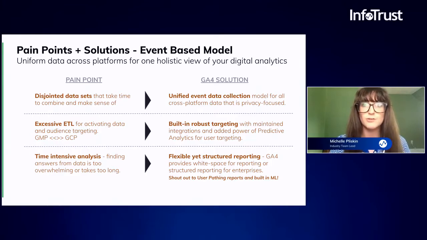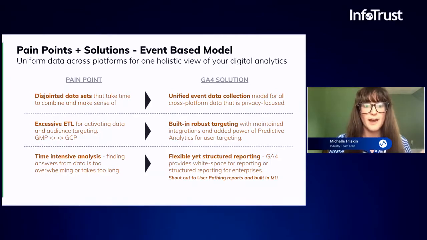And when you try to look at your customer's experience holistically, you have to do a lot of connecting the dots. Now with GA4, you're going to be able to have that unified data collection strategy across all of your different experiences. So when you want to look at holistically, how is your customer behaving with your brand, you're able to do that in a much, much easier way.